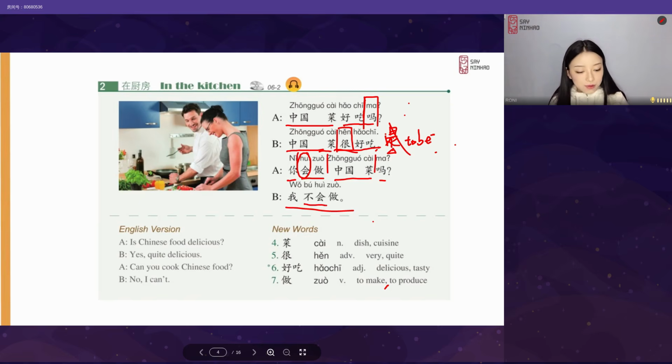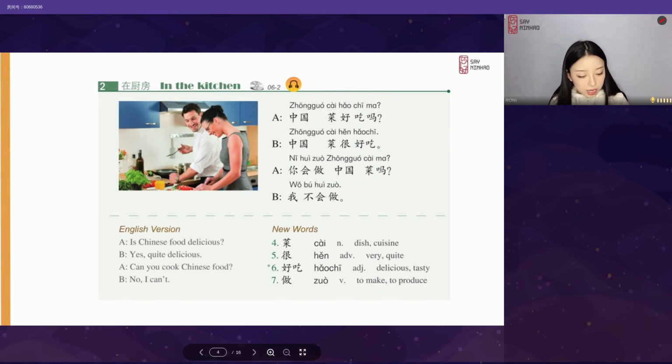Okay, now let's read it from the start. Read after me, please. 中国菜好吃吗？中国菜很好吃。你会做中国菜吗？我不会做。Okay, now let's read it in rows.